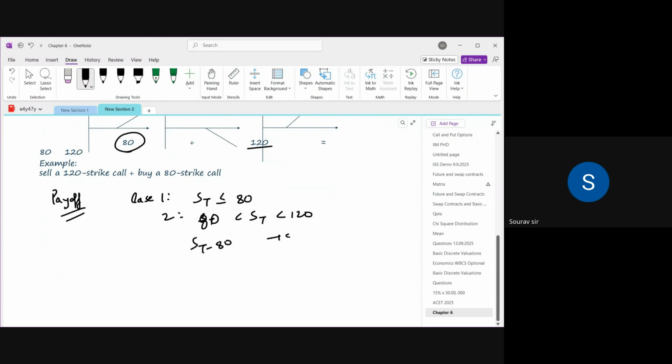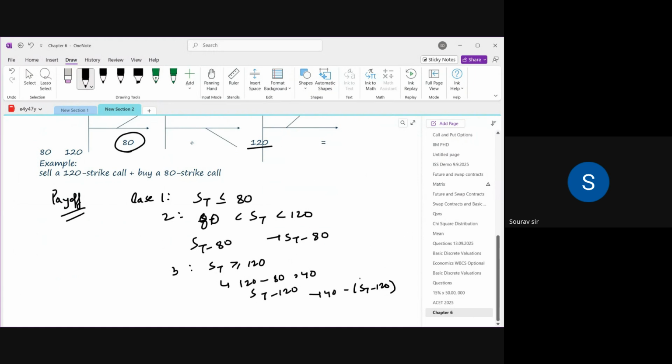So net payoff is ST minus 80. Case 3, ST greater than or equal to 120. The long 80 call payoff is 120 minus 80, that is 40, and the short 120 call payoff is negative of ST minus 120. So the net payoff is 40 minus (ST minus 120).